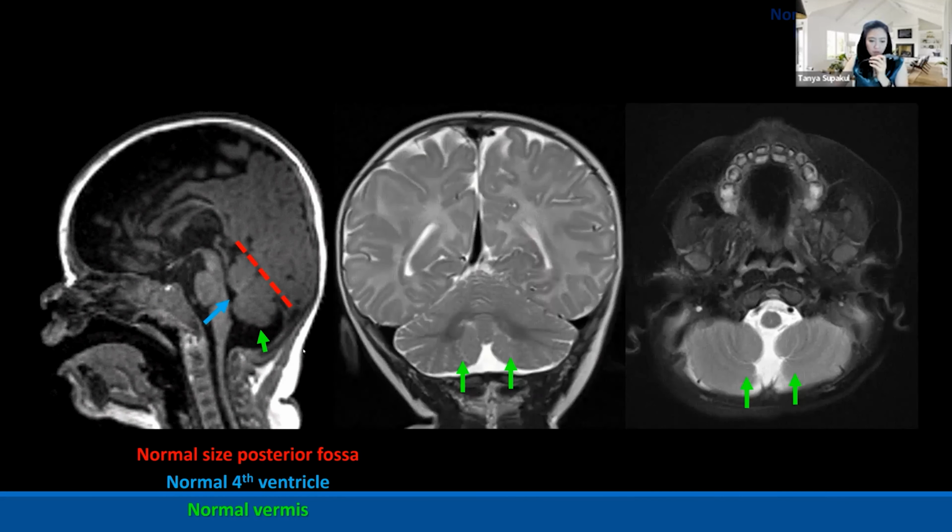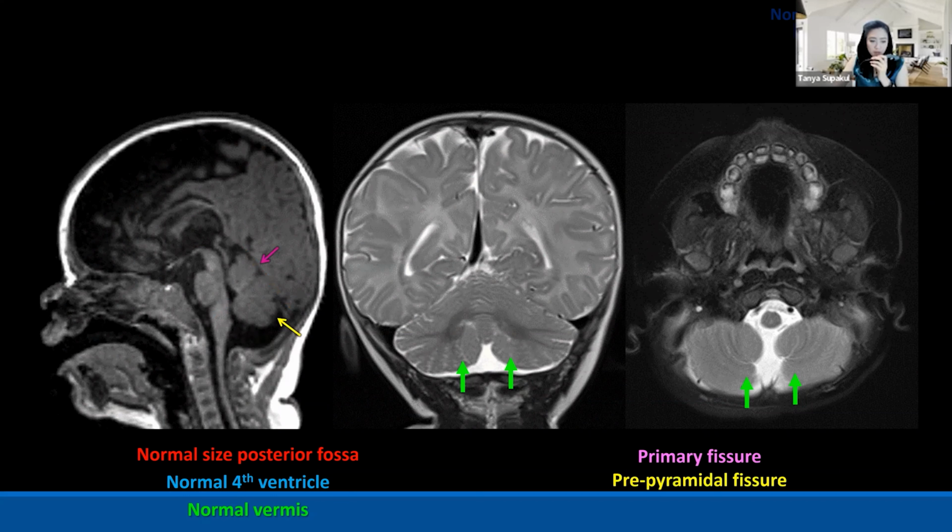Another patient, normal posterior fossa. You see the fourth ventricle looks normal, right? And then you see some CSF space posterior to the inferior cerebellum. You confirm on the coronal image that the cerebellar hemisphere looks totally normal, and there is no significant mass effect from that CSF space on the inferior vermis at all.